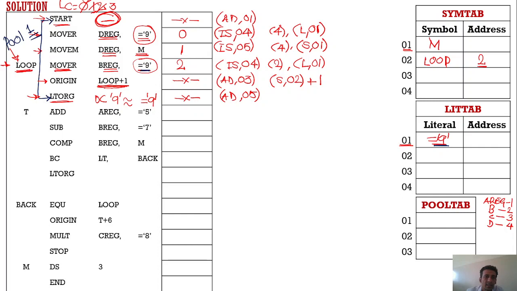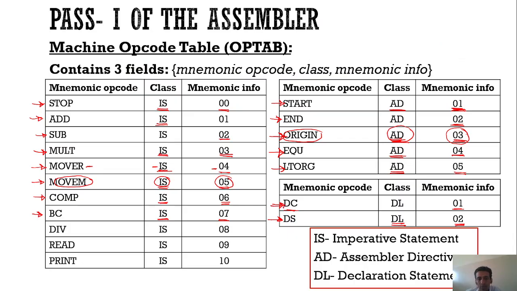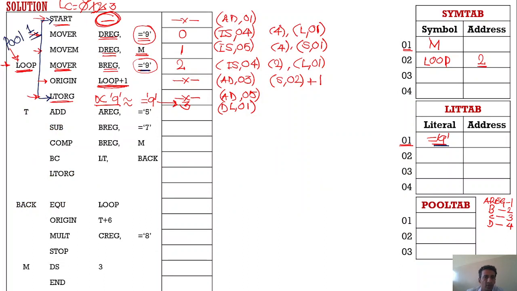So the current LC is 3, so at location 3 it will allocate memory to this 9, and considering it as a DC statement, we will write it in some intermediate form. So for DC, it is going to be DL, that is declaration statement number 01. Its mnemonic info is 1, you can get to know by referring to the table, DC having class DL mnemonic info 1, then followed by the constant 9, so it is C comma 9 referring to constant 9.